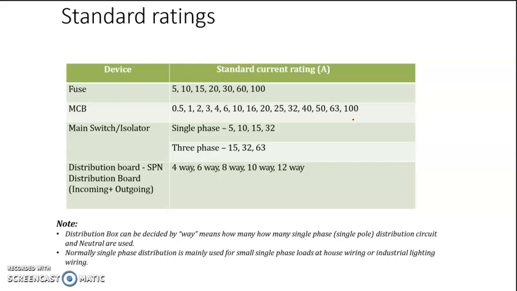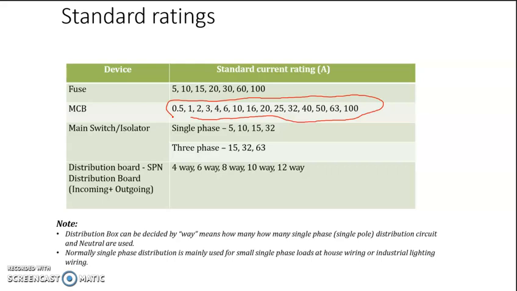The standard ratings of MCCBs are denoted over here. Lower current ratings and higher current ratings are not readily available, but 6 amps and 10 amps are easily available, which we use in our domestic purposes.